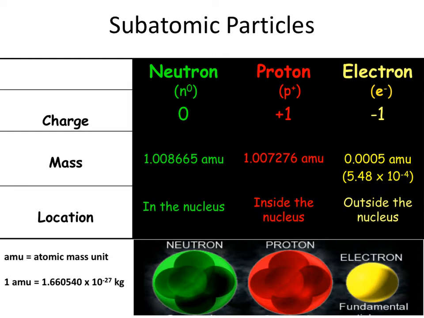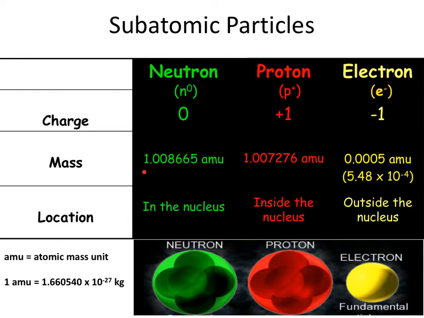The relative masses of our subatomic particles are as follows. Now, AMU are atomic mass units, and these are units that are actually referenced to another specific element on the periodic table, and we'll talk about that more later on. What you need to get into your head is the relative size of these numbers.